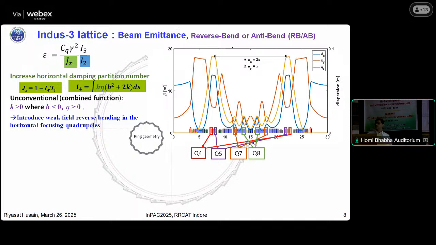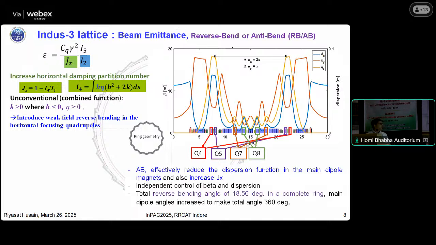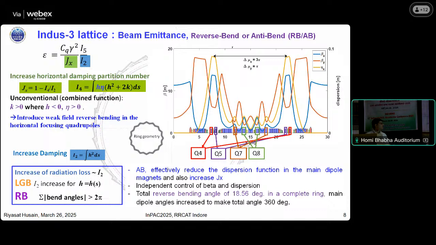These are just focusing quadrupoles, shifted by a few millimeters. And another advantage of including these anti-bends here is to have some degrees of freedom to control the beta function and dispersion independently. Otherwise it is not possible, because with the quadrupole placed here, if you want to tune the beta function, the dispersion function will also change.